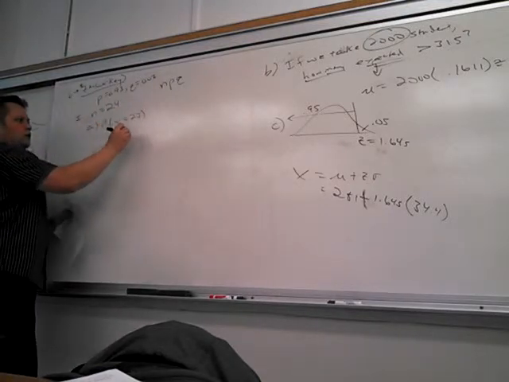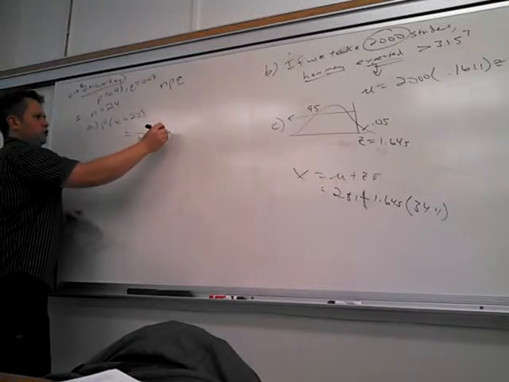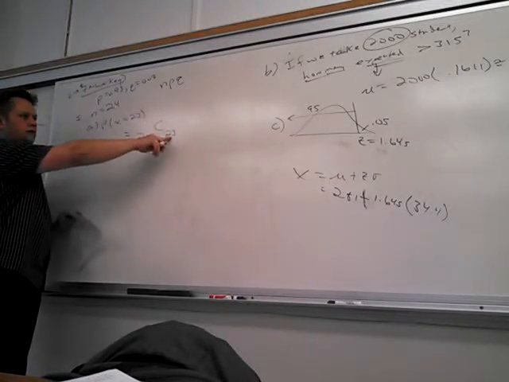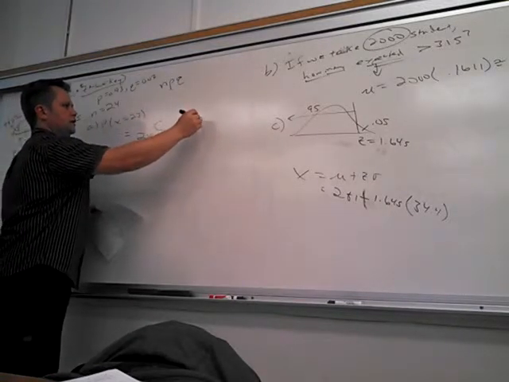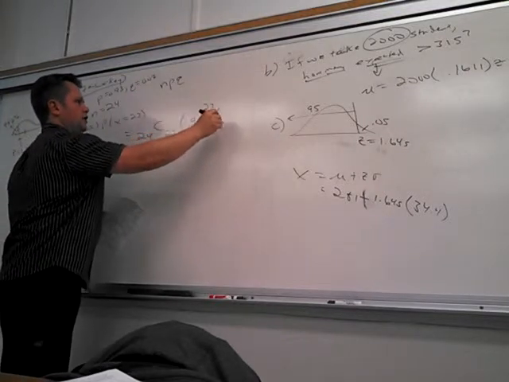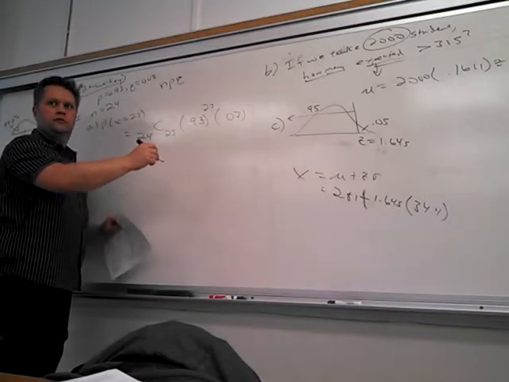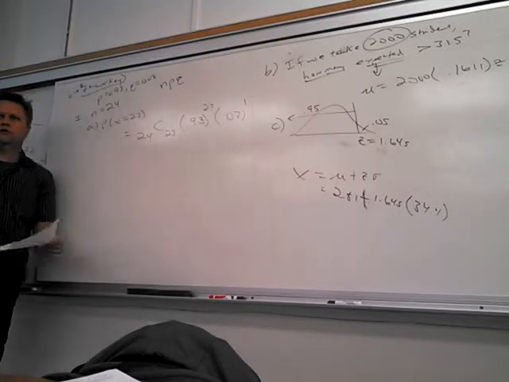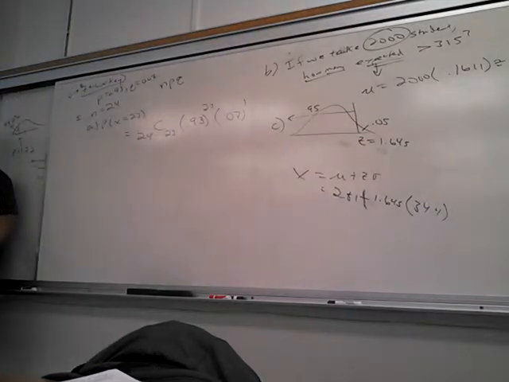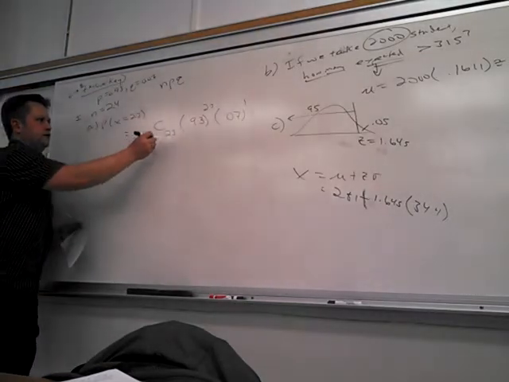So if I want this probability, I have 24. I want to choose 23 to succeed. So how many successes do I have? 23. And how many failures do I have? 1. And just toss that into the calculator. And where do you get that C from?